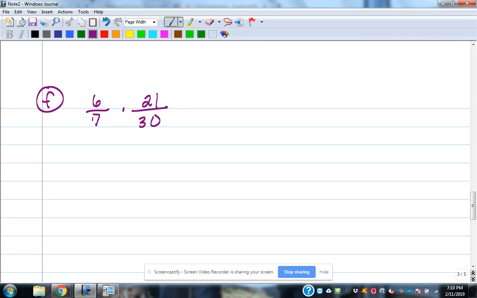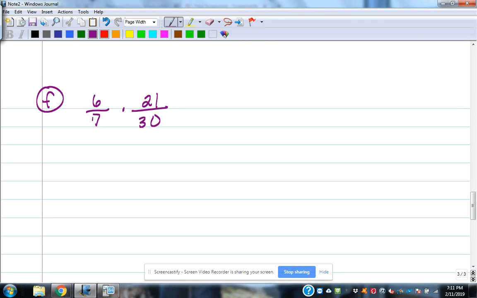So that's like saying how many times does 7 go into 21? That's a cross divide or cross cancel. And then the 6 and the 30, 6 will go into itself and 6 will go into 30. So that's how you can cancel. The ways that you can cancel when you're multiplying fractions are vertically or diagonally, never straight across. Okay, canceling can happen vertically or diagonally, but never straight across.